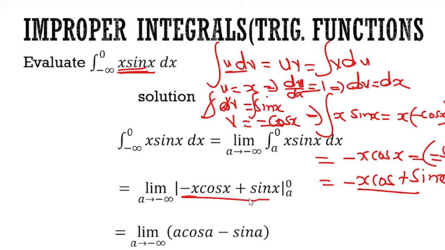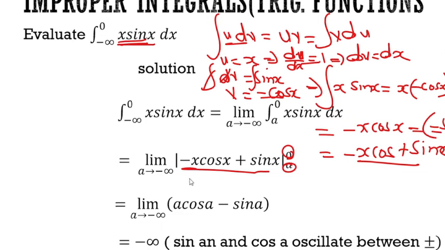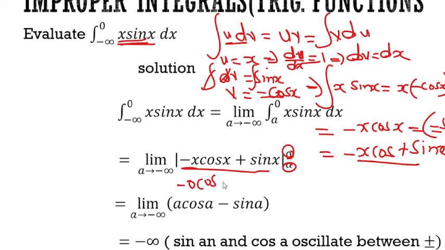Great. So after getting the result, we need to substitute the upper and the lower limits into our final result, in which we have negative 0 cos 0 plus sine 0. So the whole of this thing will tend to 0. Then we substitute this one too.